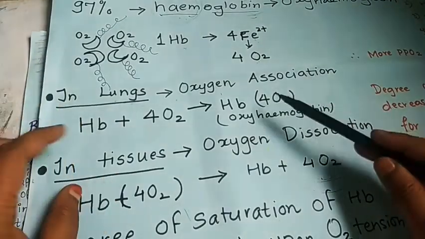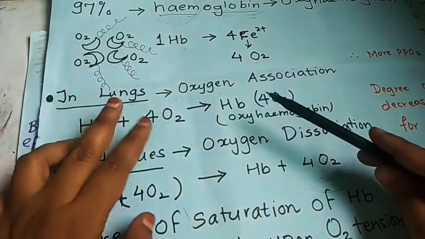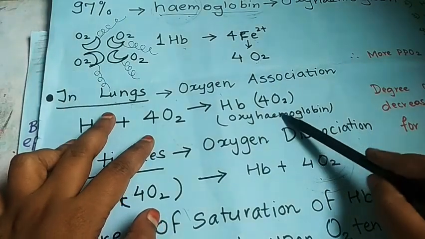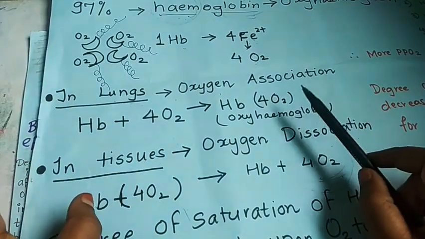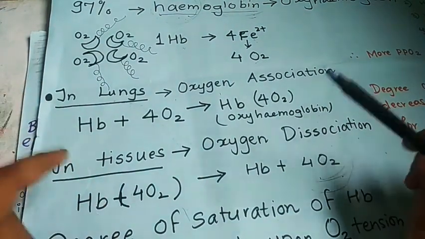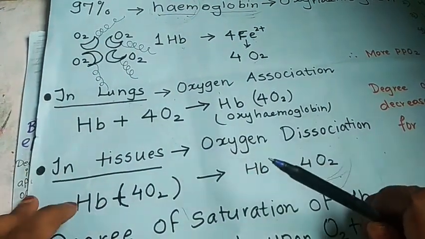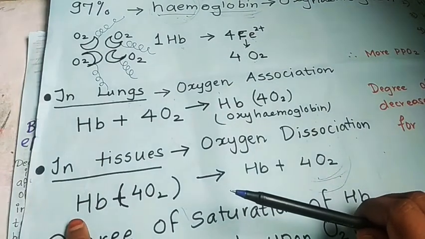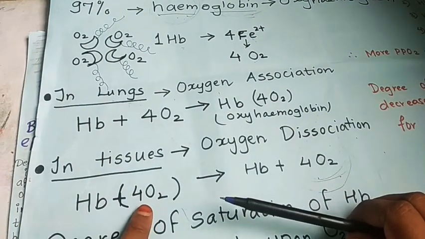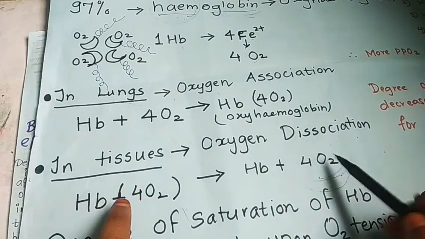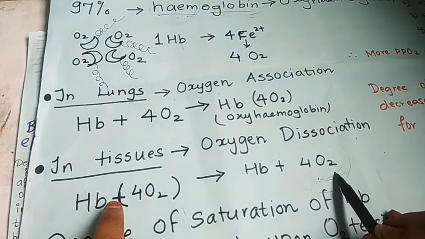In the lungs, what is going on? Hemoglobin attaches with the oxygen so that you get oxyhemoglobin. Whereas when this oxyhemoglobin reaches the tissue, dissociation of oxyhemoglobin takes place and hemoglobin detaches from the oxygen to release this oxygen in the tissue.